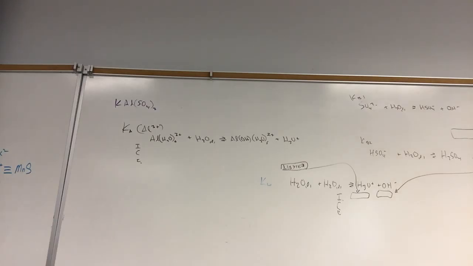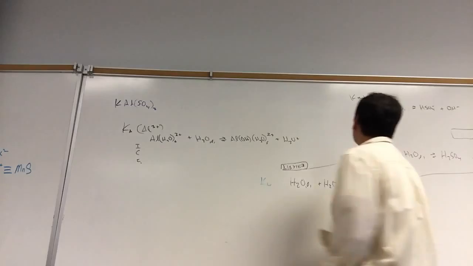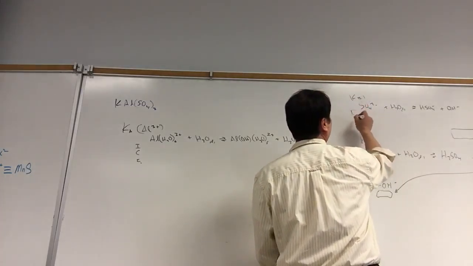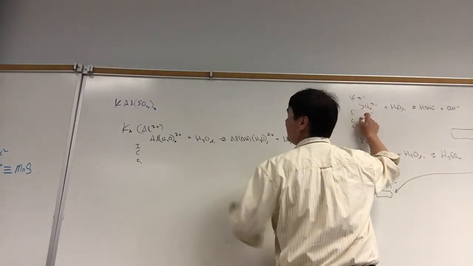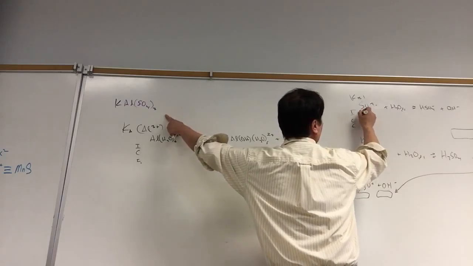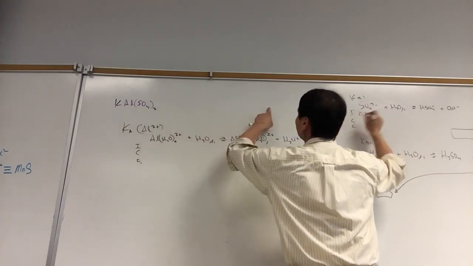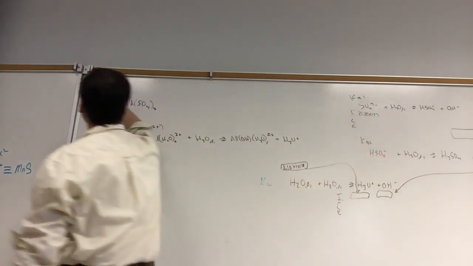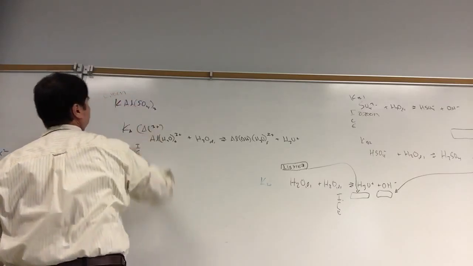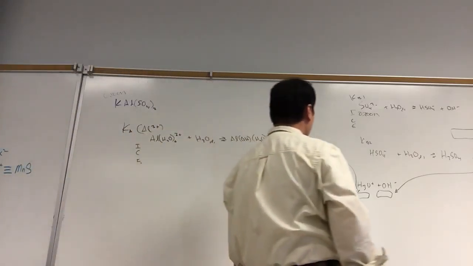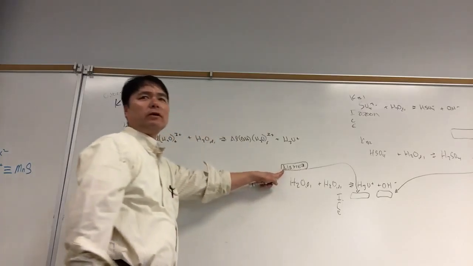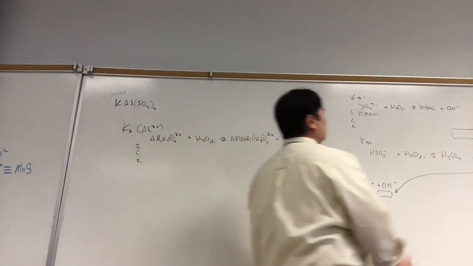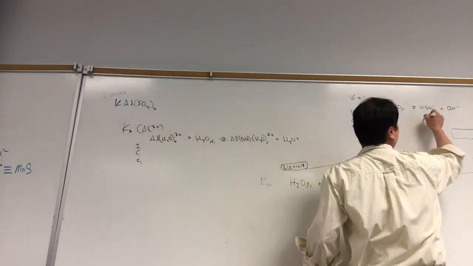The Kb for this is 9.09 times 10 to the minus 13. All right, and so when we set up the ICE table for this, this was 0.100 molar, so this will be 0.200 molar, right? This is 0.200 molar water out there.